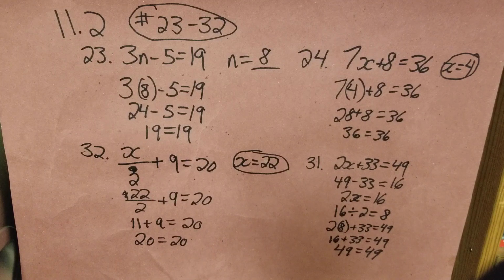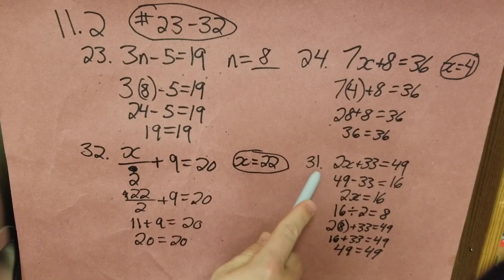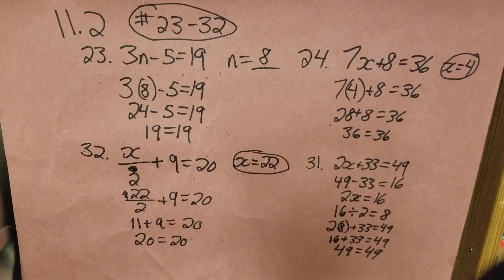I just want to demonstrate one different way of doing this. This is more in line with the way that we're going to be doing it later on, but not totally. Yesterday, I showed you when you were solving by inspection that if you were confused, you could do backwards and opposite. So this last one, number 31, is done backwards and opposite.